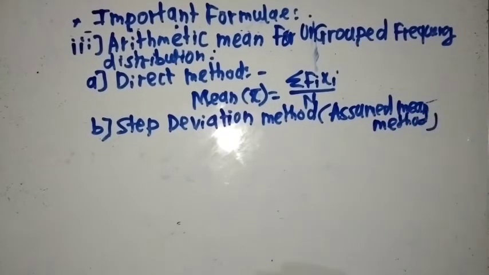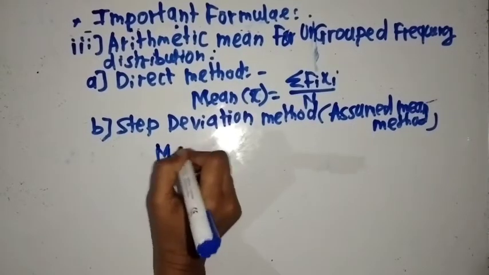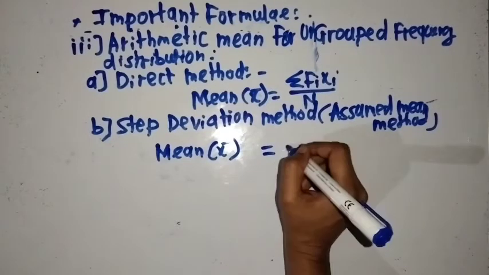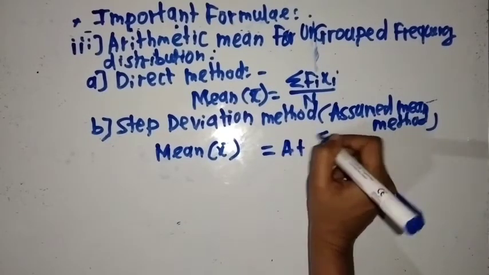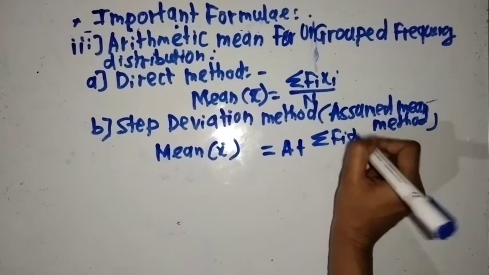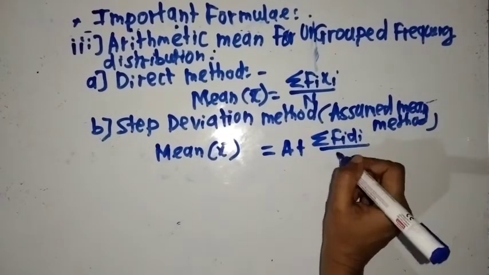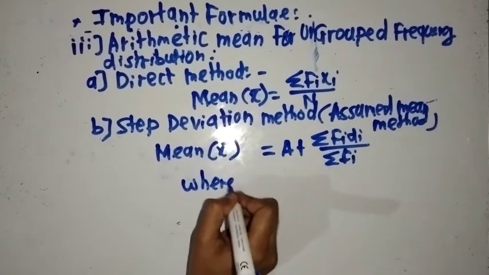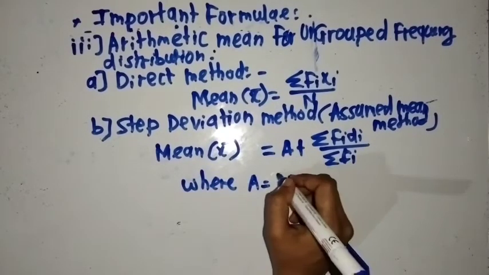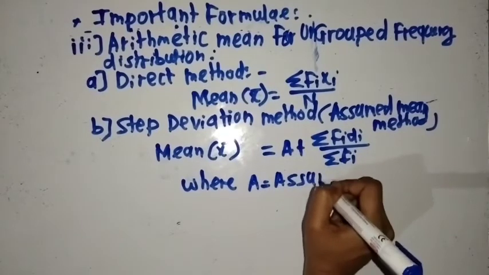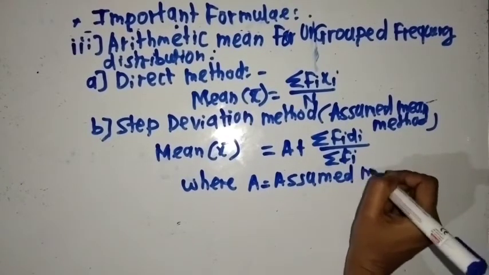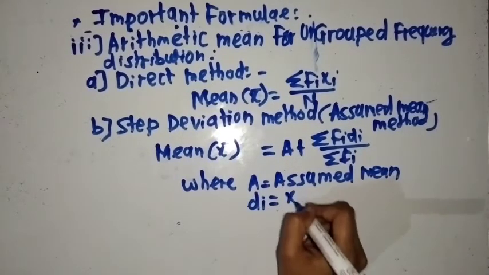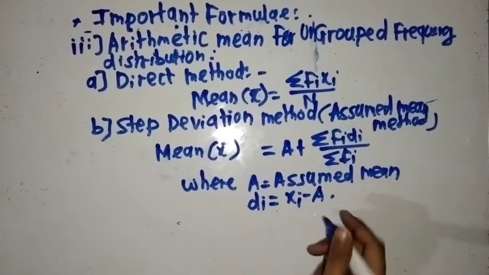For ungrouped data, mean is found by the formula a plus summation of fi di upon summation of fi, where a is equal to assumed mean and di is equal to xi minus a.